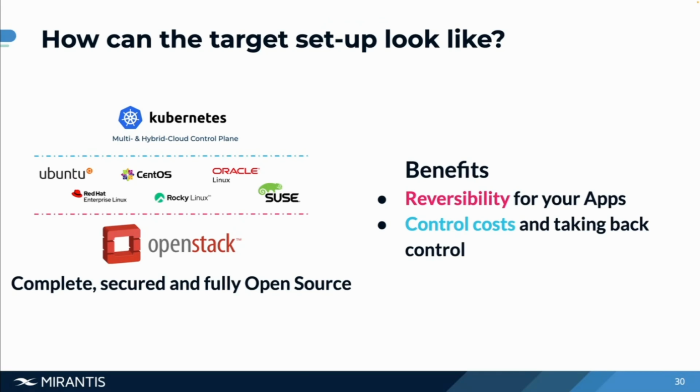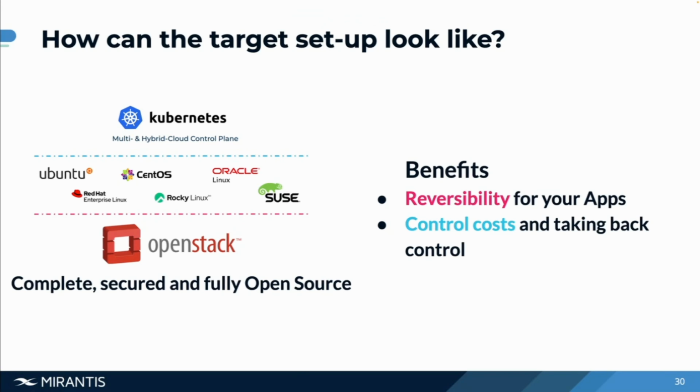You would want to invest in standard open source platforms like OpenStack, right? So the ideal target platform would most probably use OpenStack as the underlying infrastructure, running open source distributions like Linux distributions as VMs, and then on top of these VMs run Kubernetes, right? In that case, you have a complete, secure, and fully open source solution on the infrastructure level, on the operating system level for virtual machines, and on the containerization level, right?